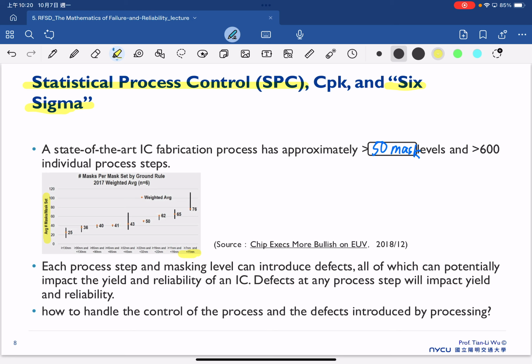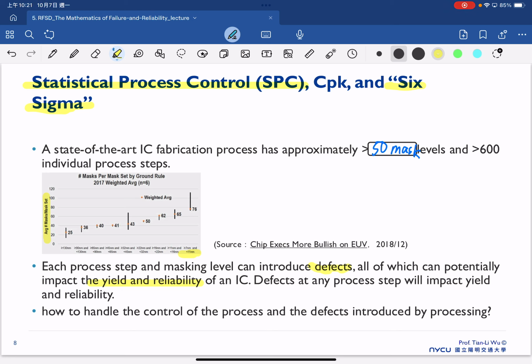But the problem is each process step and masking level can introduce defects as well, all of which can potentially impact the yield and reliability, that we already discussed last week.